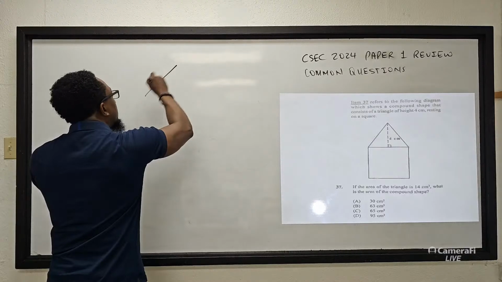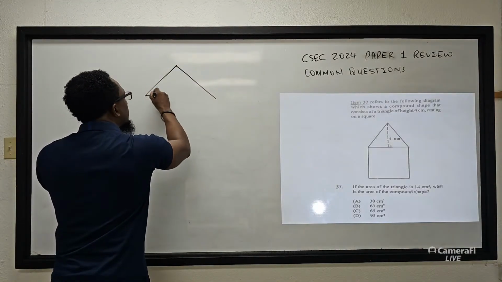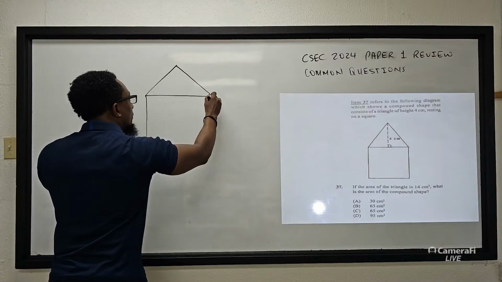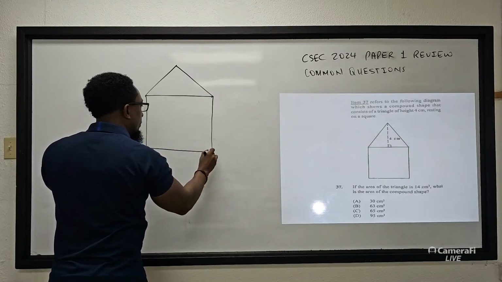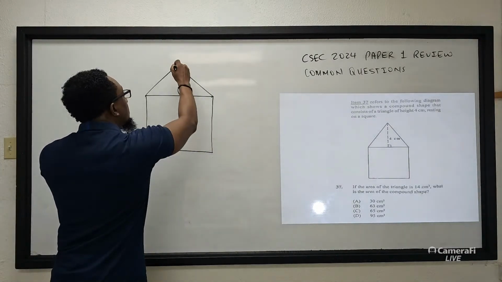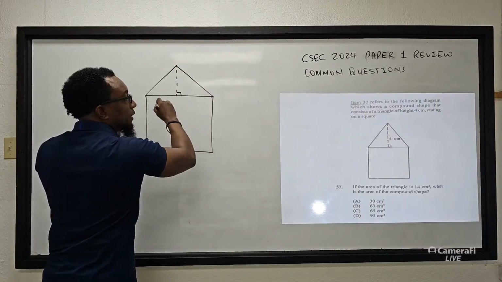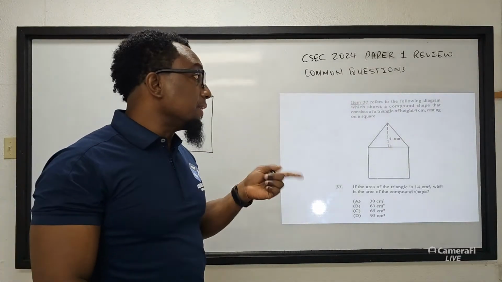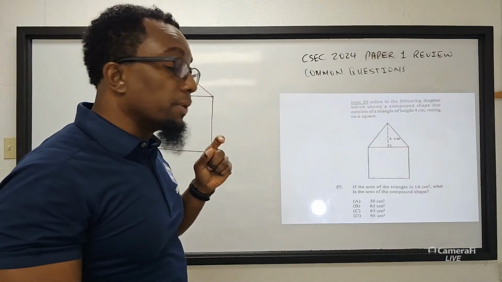So we have this compound shape here. We have the height, which is 4 centimeters. They told us that the area of the triangle is 14 cm squared.